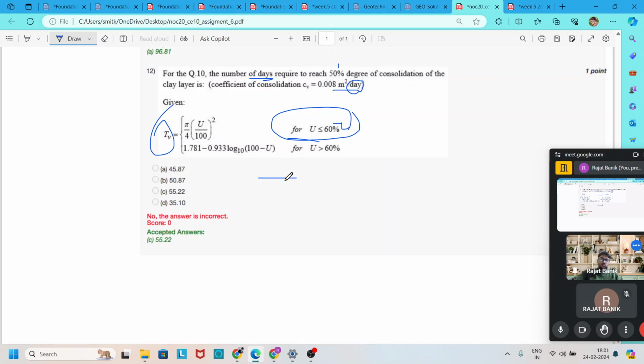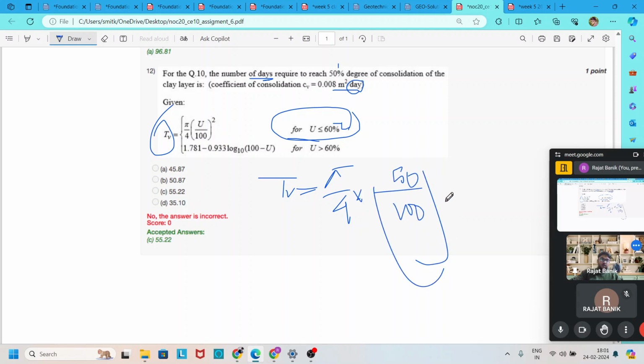So put U in this equation as 50 divided by 100 whole square, and it becomes 0.19625.